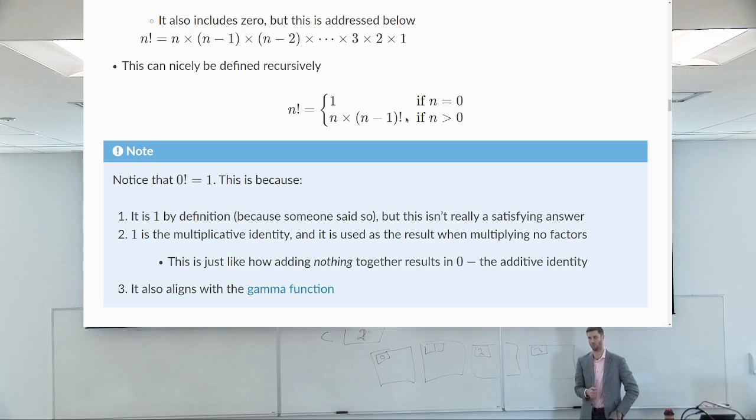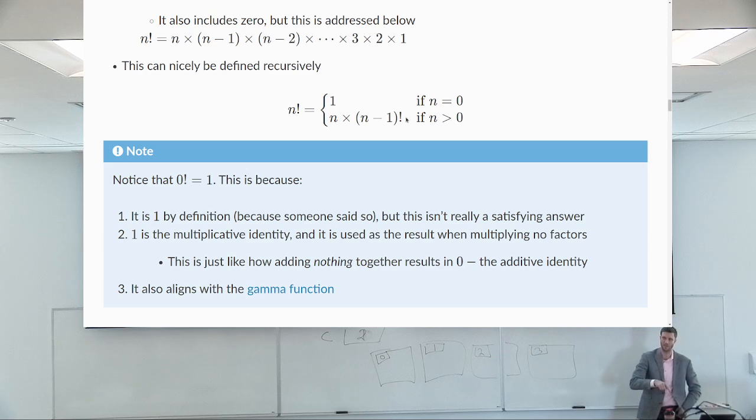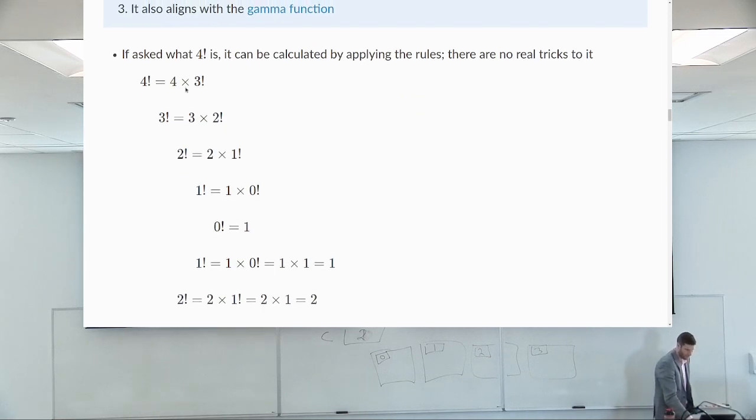The second. So 4 factorial is 4 times, what's n minus 1? 4 minus 1 is 3. So it's 4 times 3 factorial. But we're not done, because I can't answer what 4 factorial is until I know 3 factorial. So let's go answer 3 factorial.